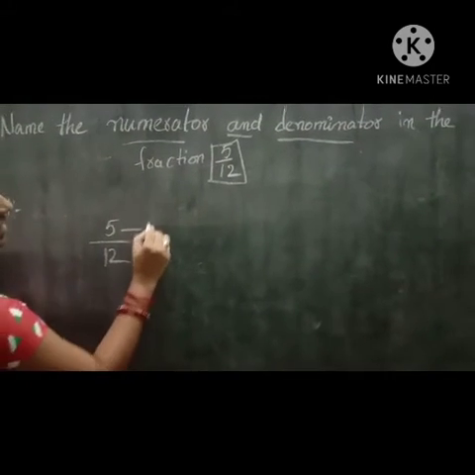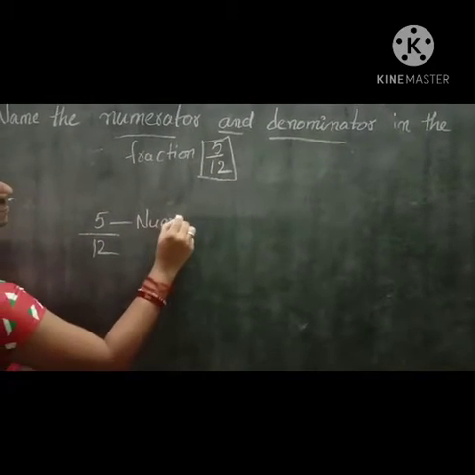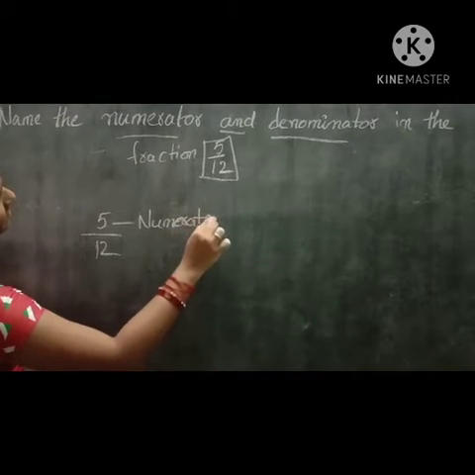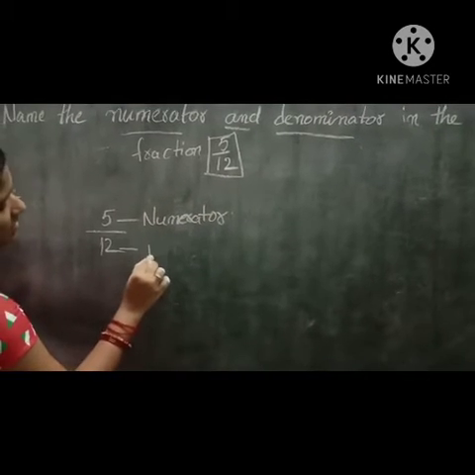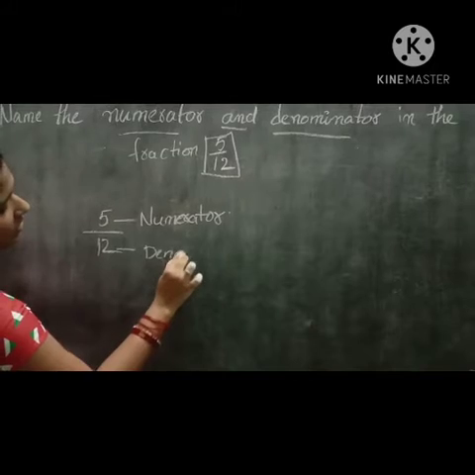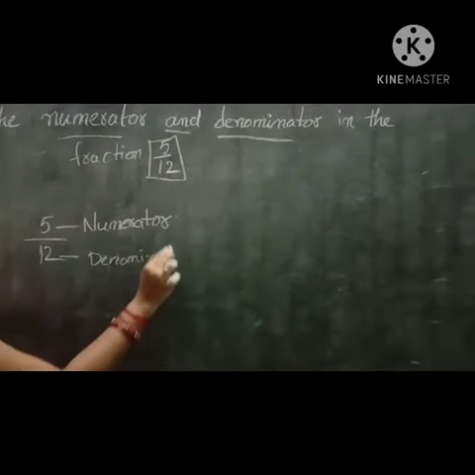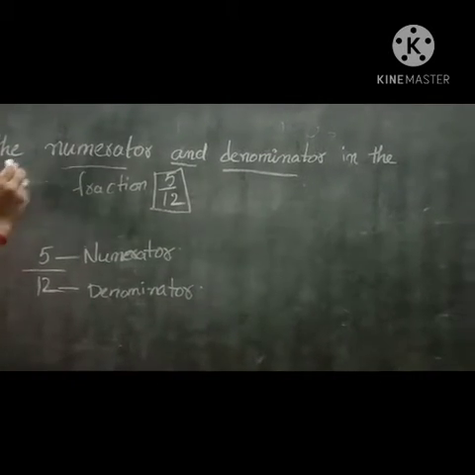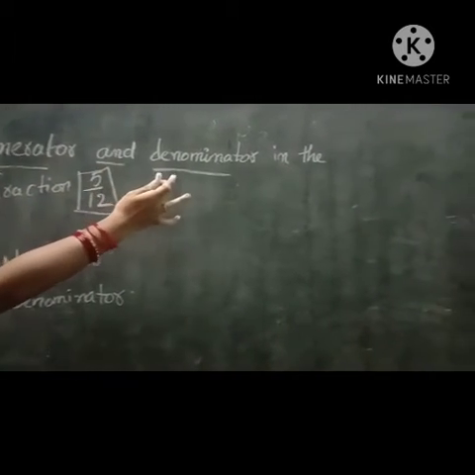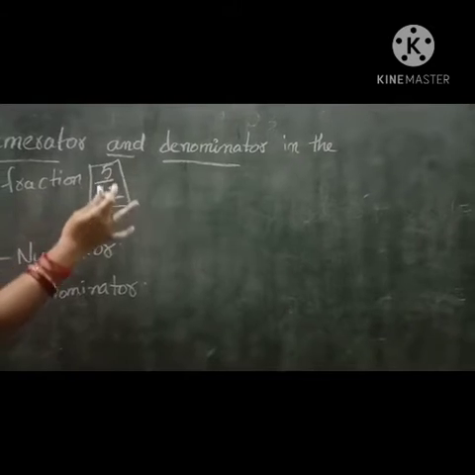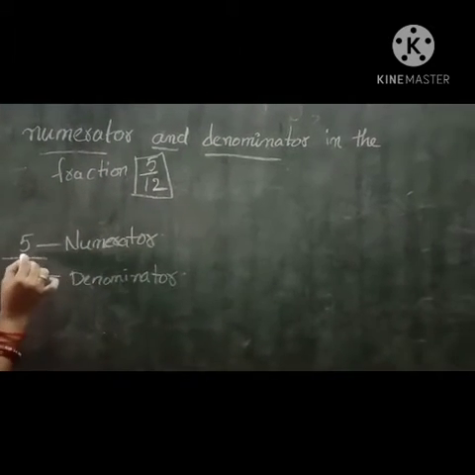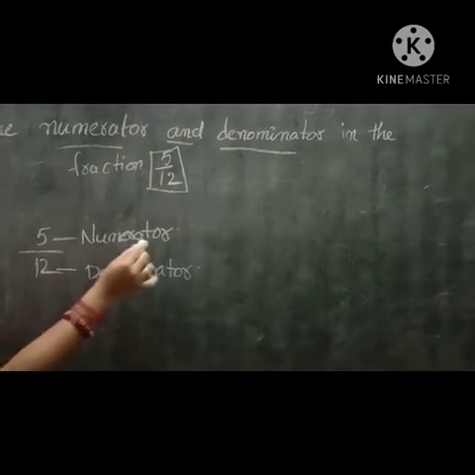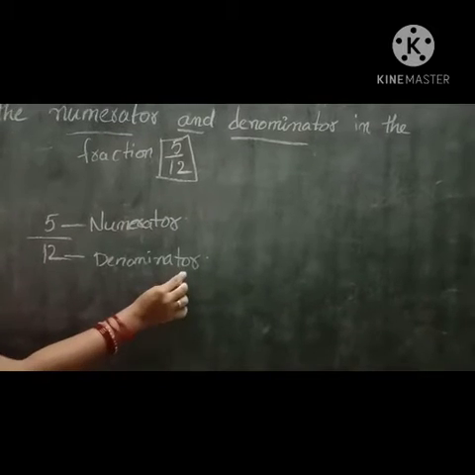Yes, 5 is the numerator and 12 is the denominator. What is the question? See one more. Name the numerator and denominator in the fraction 5 by 12. See here the solution. 5 is the numerator and 12 is the denominator.